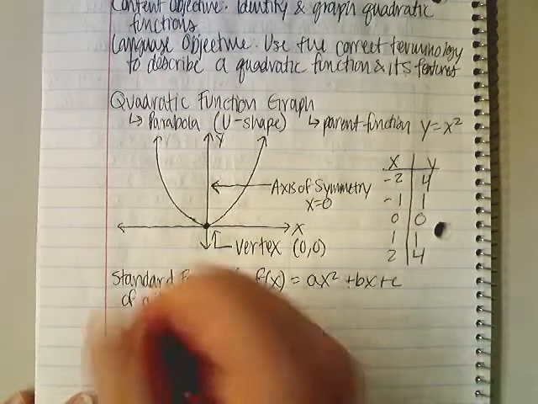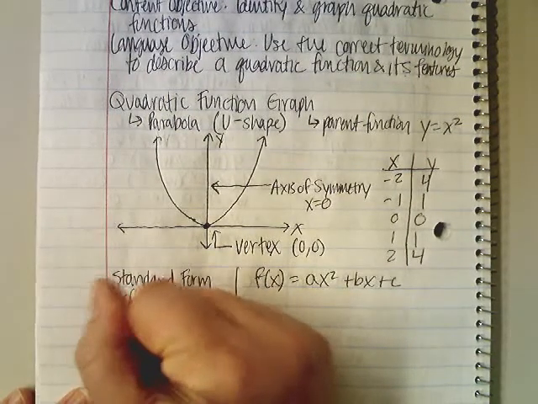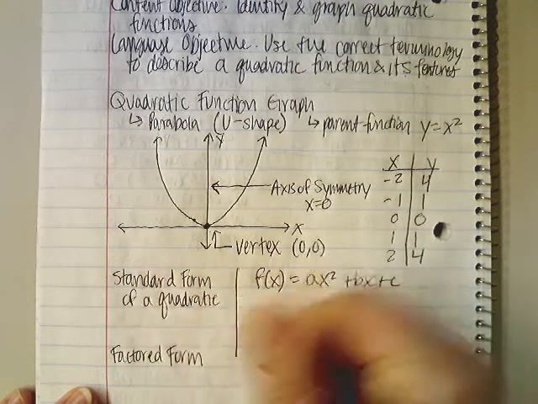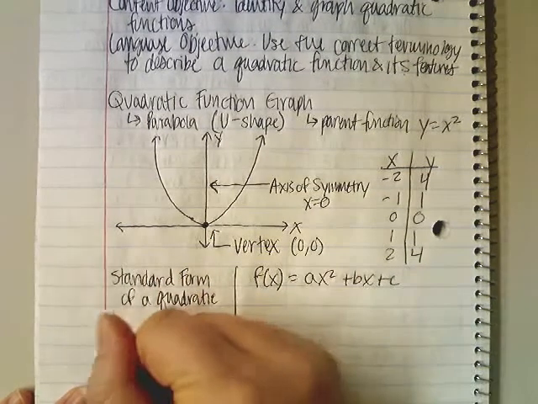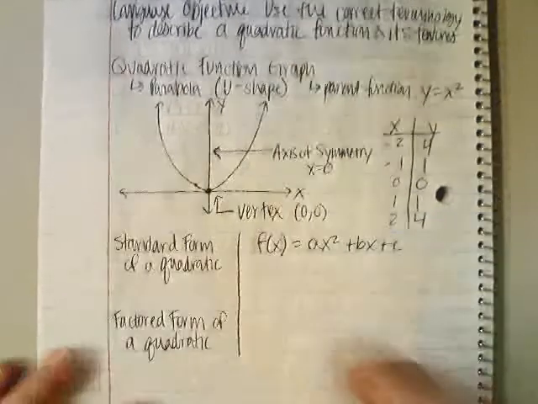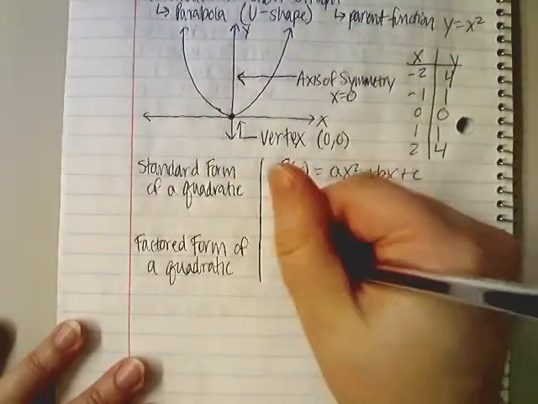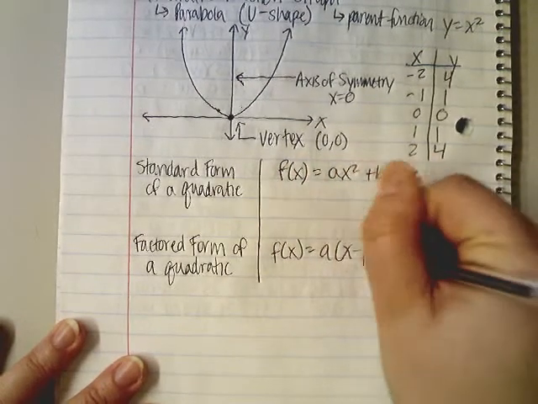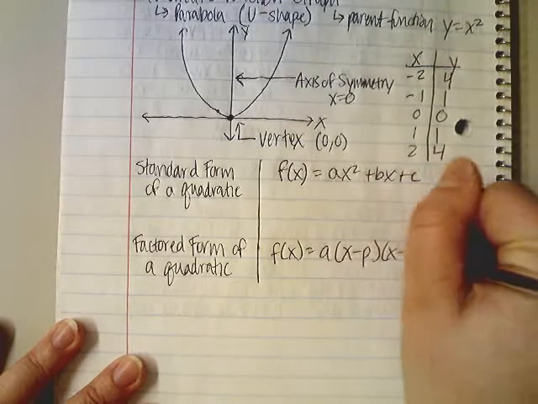We've ended up factoring it, which brings us to another form that we've talked about, though indirectly, factored form of a quadratic. So factored form of a quadratic is going to be f of x equals a times x minus p times x minus q.